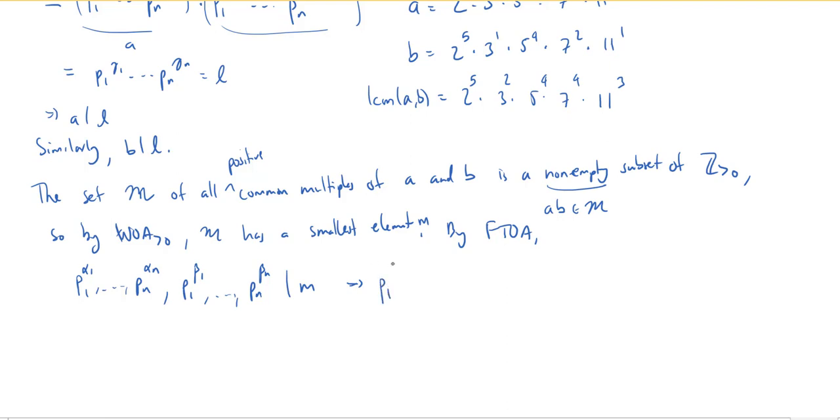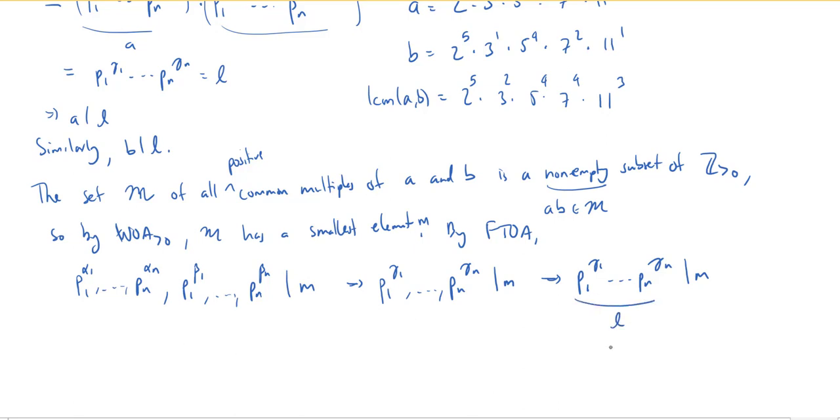So this tells you that P1 to the gamma 1 through Pn to the gamma n all divide M. But if they all divide M, then their product also has to divide M. So P1 to the gamma 1 through Pn to the gamma n all divide M, right? Because these are relatively prime to each other. But this is precisely your L.